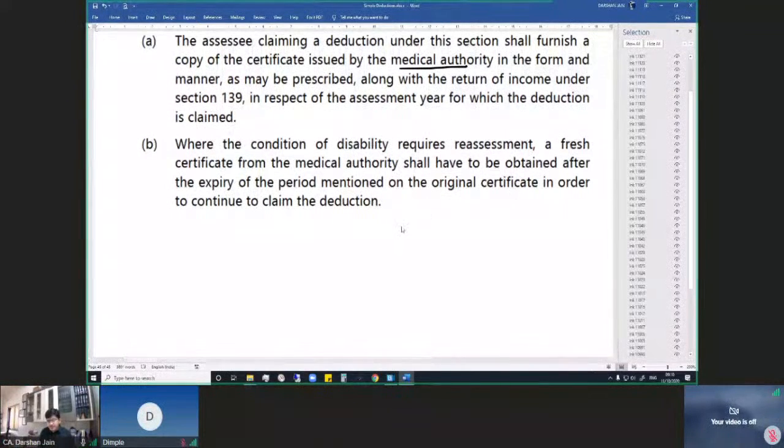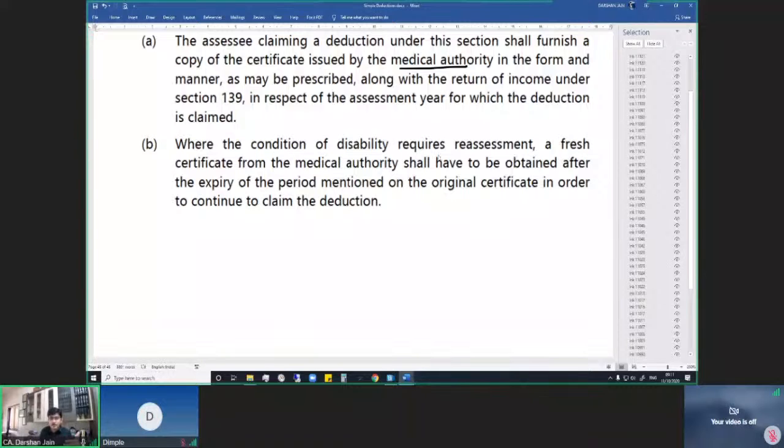In case the disability is such that it requires reassessment every year, what could happen? There is some disability and you're undergoing rehabilitation. The status of the assessee could improve, and if there is an improvement in disability or the disability goes away completely, in that case the deduction should stop.